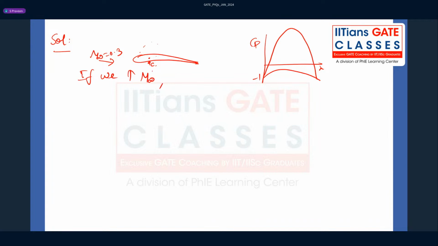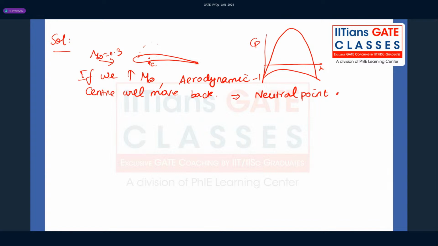Okay, we have to understand what happens if we increase the Mach number. So if you refer to aerodynamic theory, it states that increasing Mach number or increasing the speed basically pushes the aerodynamic center back. Okay, so which means the aerodynamic center will move back. Which means what? If aerodynamic center moves back, your neutral point will also move back, right? Because neutral point is same as aerodynamic center, but viewed in the stability aspect.